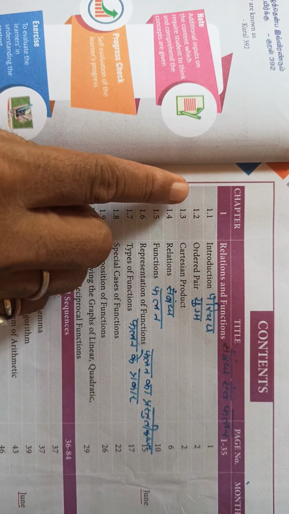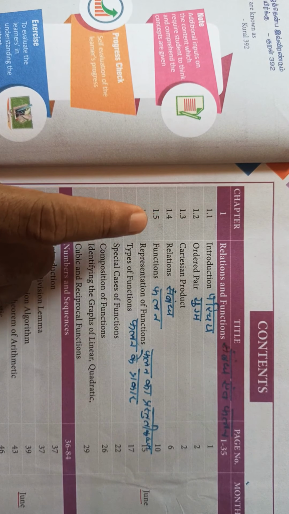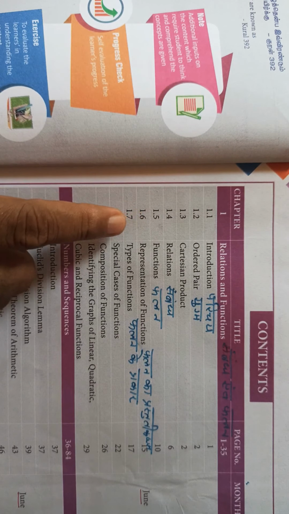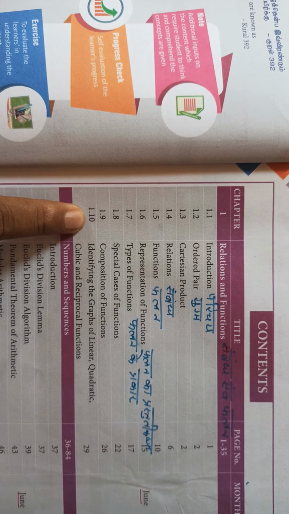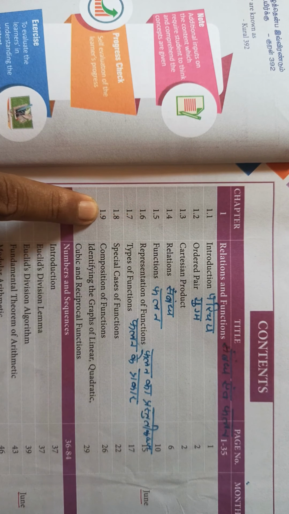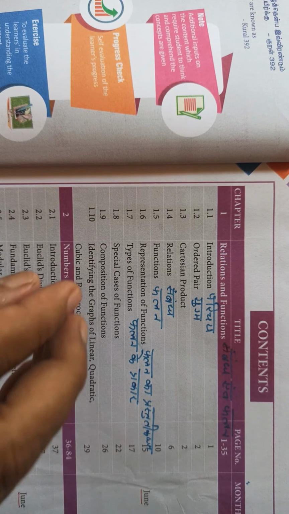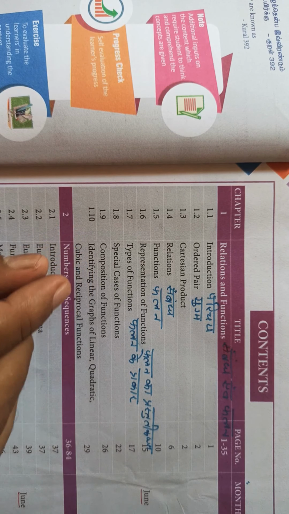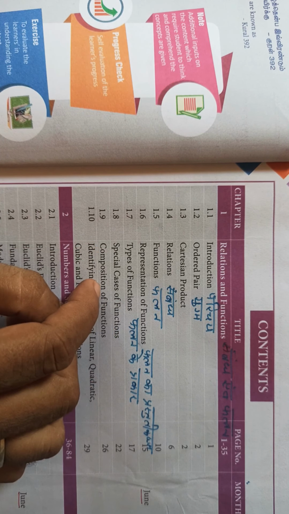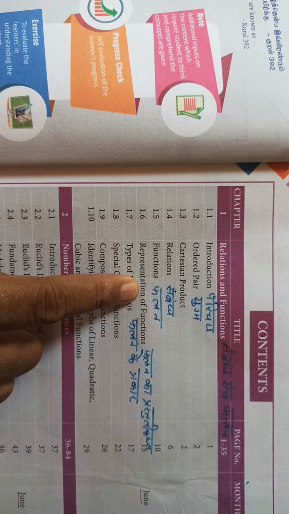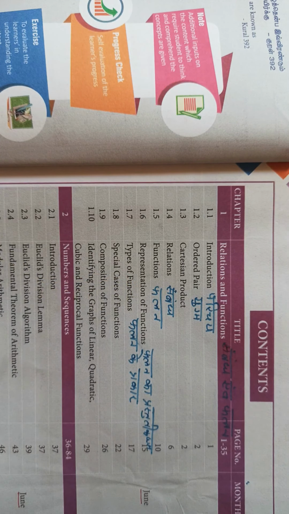These are different topics, and after 1.5 it is all a continuation of function. So mainly we will be studying function, and these topics lead to function. Okay, so we have to start from the beginning.